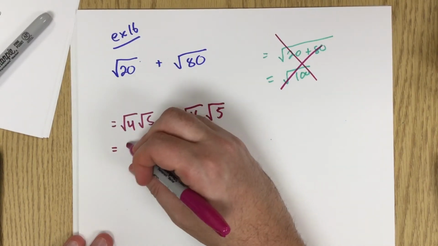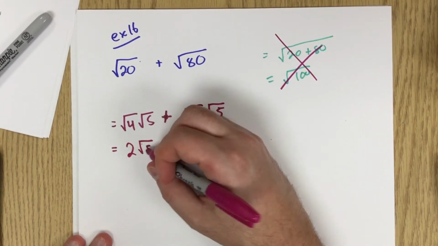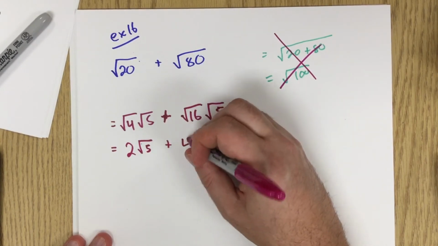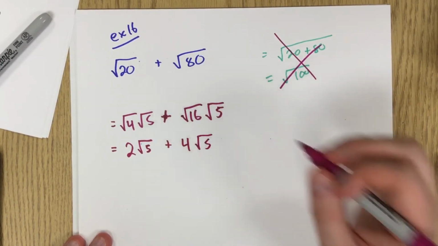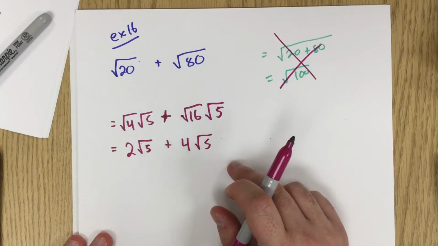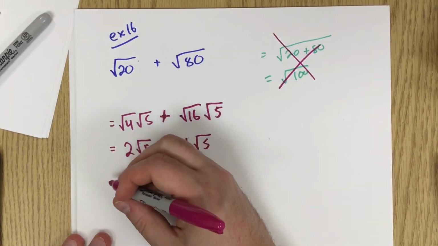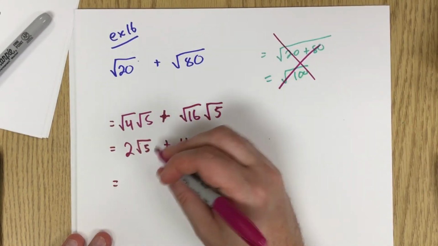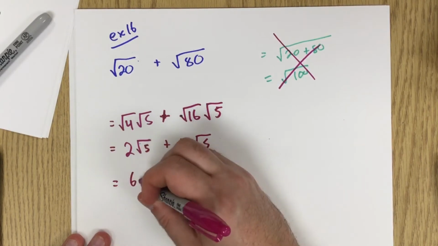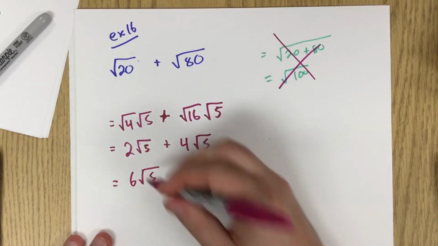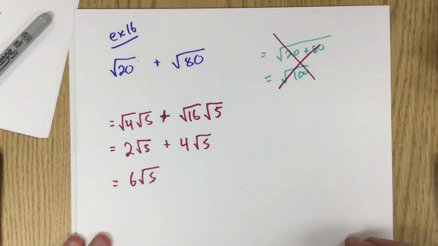Which is 2 root 5 plus 4 root 5. And now these are like terms, and we can add them. So that's going to give us 2 root 5s plus 4 root 5s is 6 root 5.